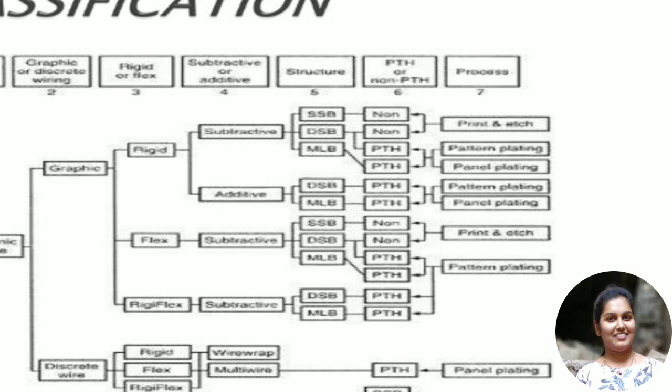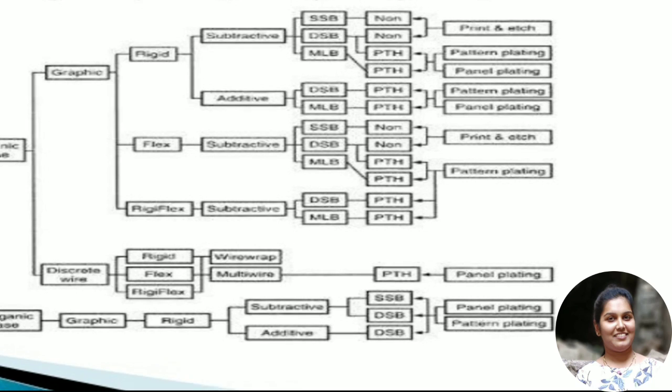Based on the additive and subtractive concept, rigid is of two types: subtractive type and additive type. Whereas flex type and rigid flex type have only one type, that is subtractive type only. Additive is not possible in flex and rigid flex.